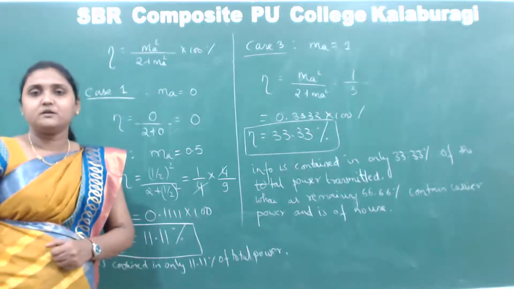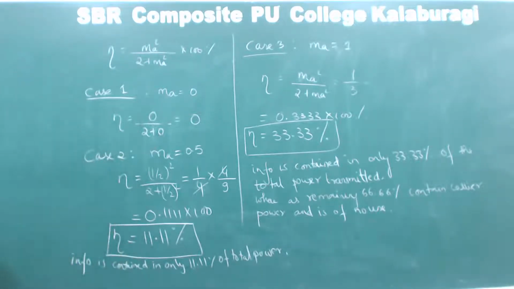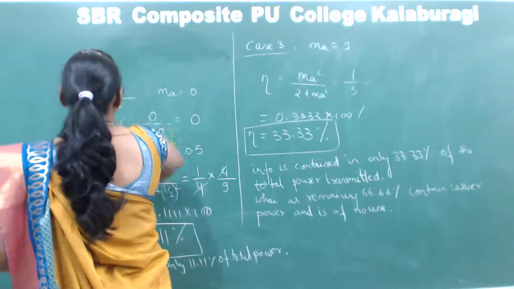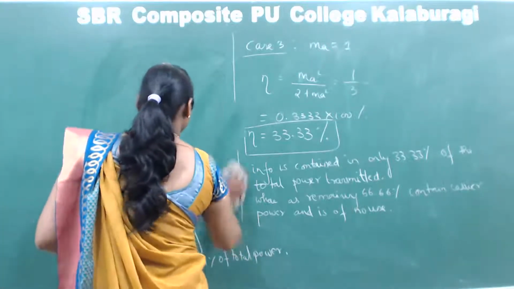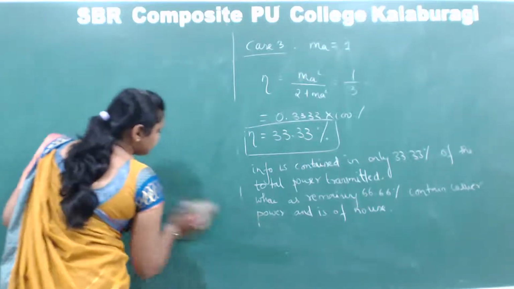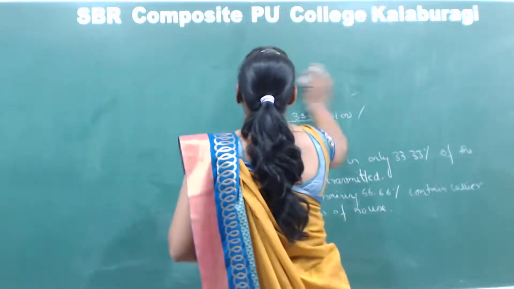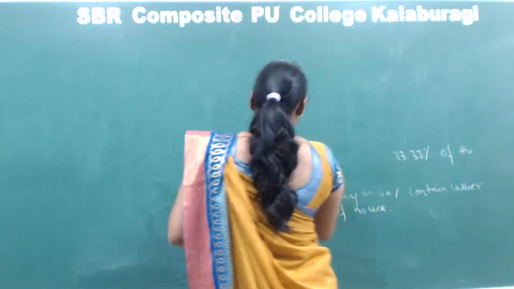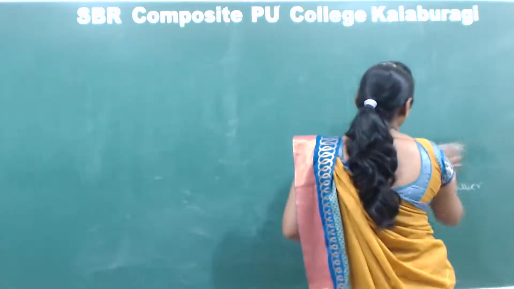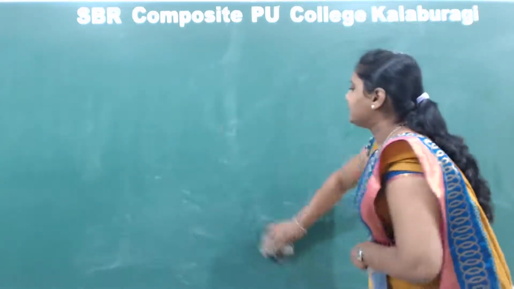So this is about the efficiency for various values of MA. We have seen that for 0 it is 0% efficiency, for 50% modulation, that is 0.5 as MA, it is 11.11%, and for 100% or perfect modulation, it is 33.33% of the total power transmitted.